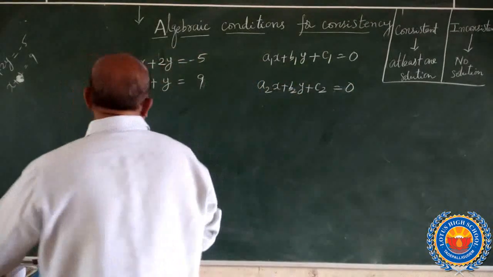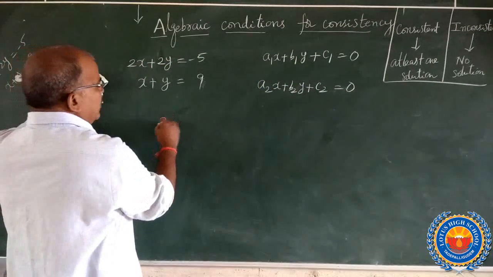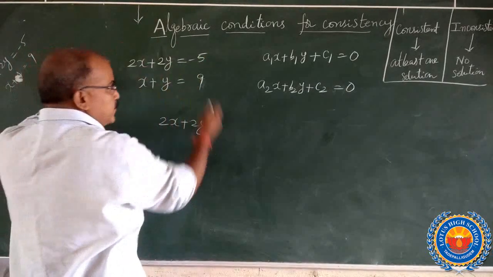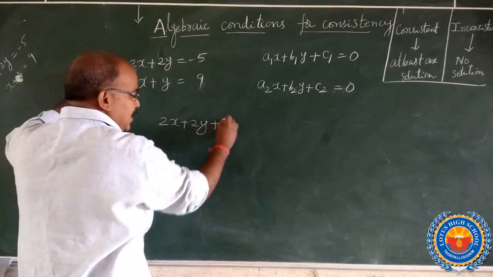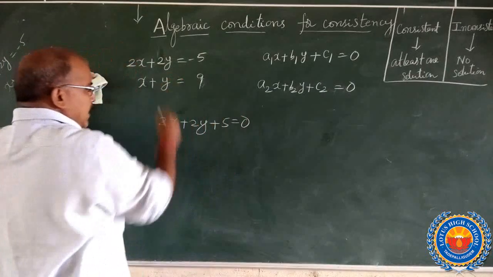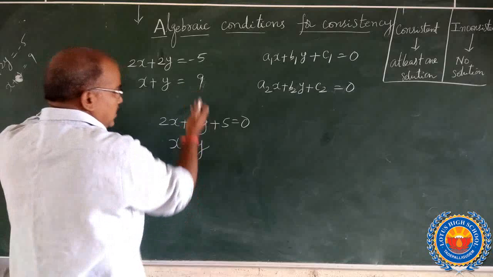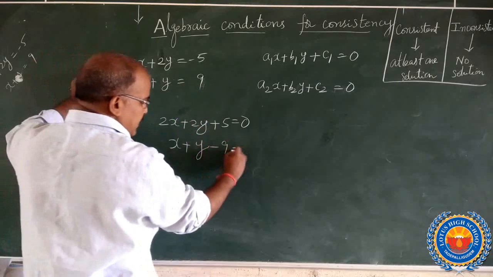So compare with the general form. Here I can write 2x plus 2y, and the minus 5 is transposed from RHS to LHS, so it is plus 5 is equal to 0. Coming to x plus y, the 9 from RHS to LHS becomes minus 9 is equal to 0.